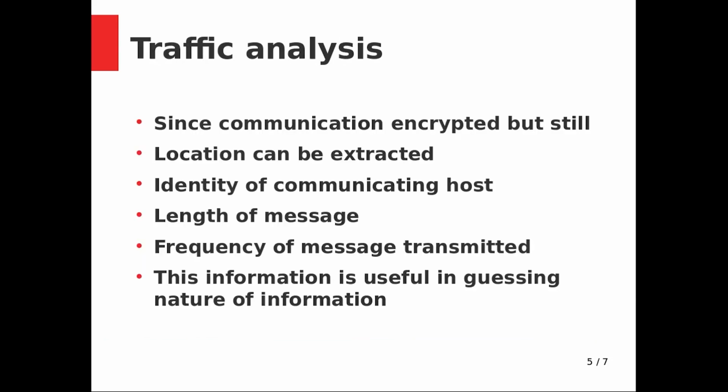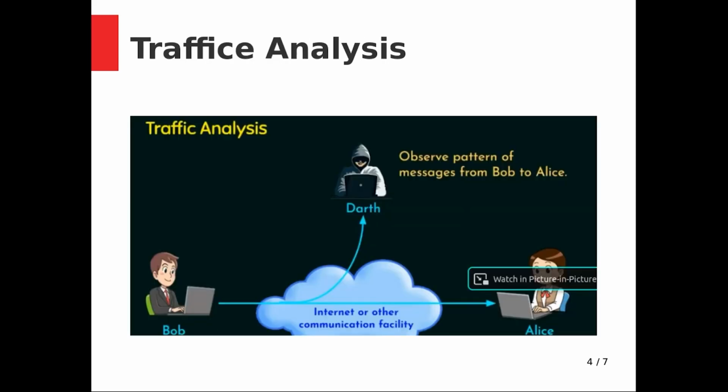Traffic analysis: remember that here the communication is encrypted. Communication is encrypted because Bob thinks that someone is trying to access his data during this important communication with Alice.